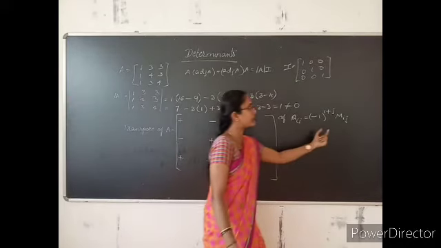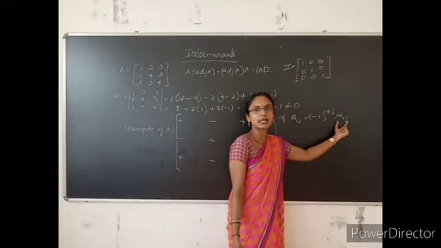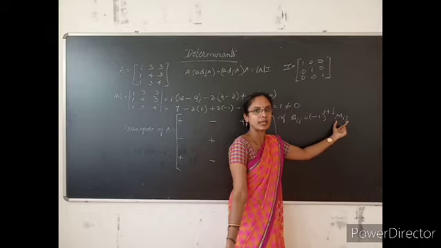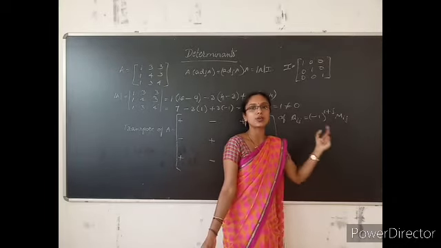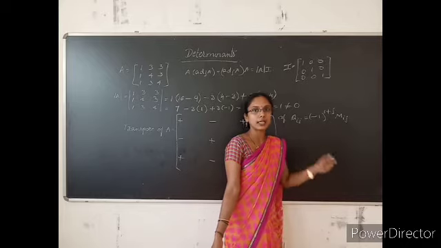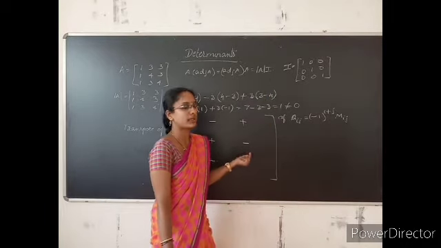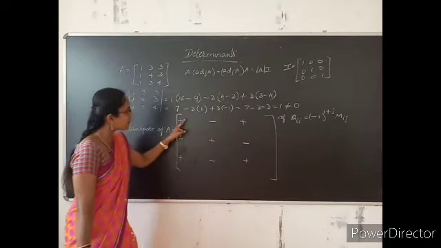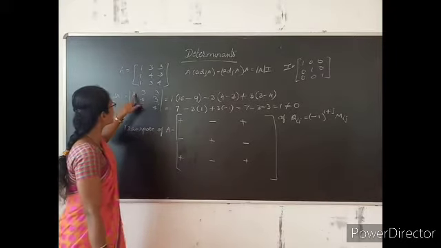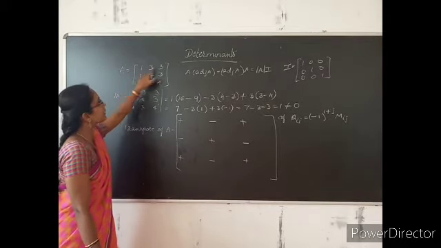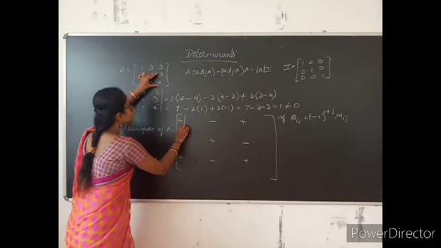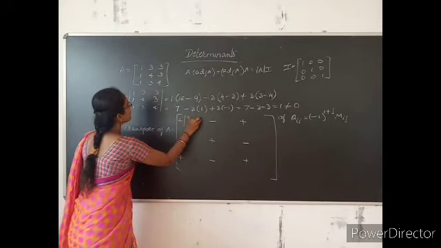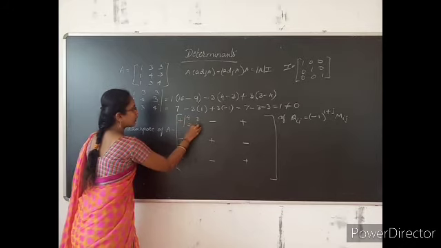One thing remains here: Mij, the minor of an element. To find the minor of an element, deleting the ith row and jth column, you will get one determinant, that is the minor. So the minor of the first element: deleting the first row and first column, you get the determinant of 4, 3, 3, 4.